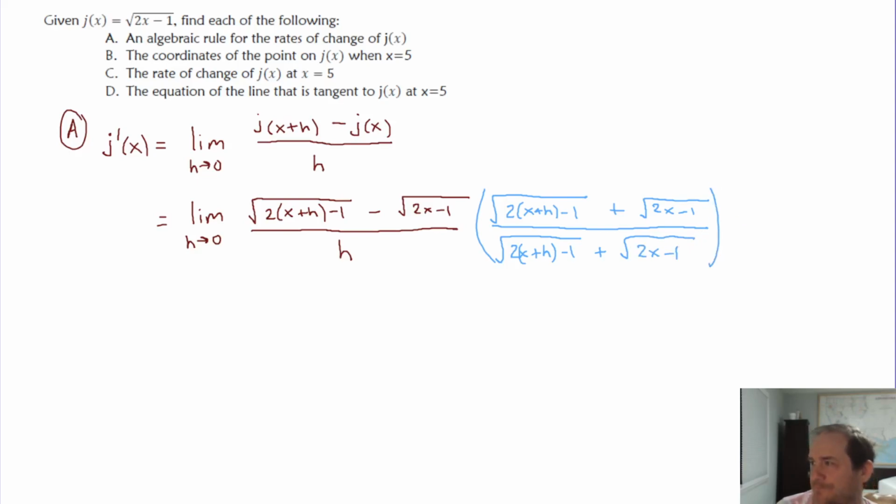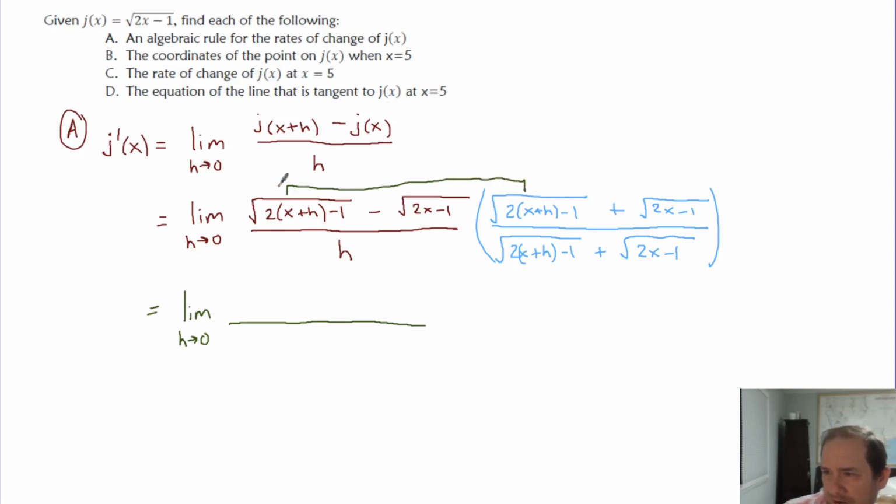All right, so now when we multiply this out, it's still going to be the limit as h goes to 0. And then upstairs, when we do the first times the first, it'll be this radical times itself, so the radicals will cancel. So you'll just get that radicand. We'll get a 2x plus h minus 1.